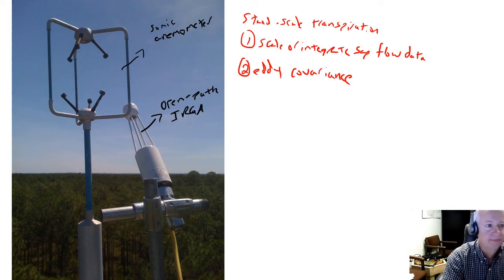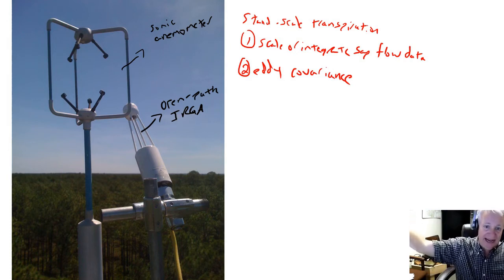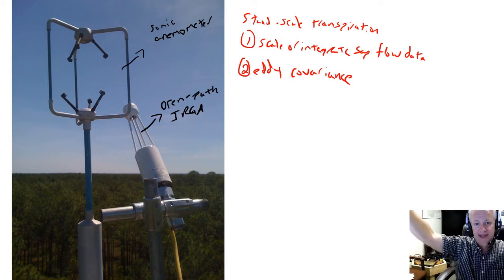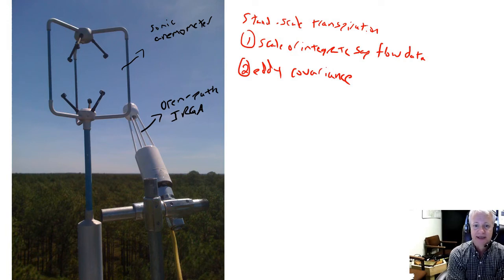Those instruments used together can calculate flux, the movement of water vapor and CO2 from a large patch of vegetation. So in this case, we can use those to measure evapotranspiration from the upwind patch of vegetation from these instruments. Now, it takes a lot of calculations, a lot of environmental physics to do this, but this is a really powerful approach. It's large scale. It's measuring an entire ecosystem.